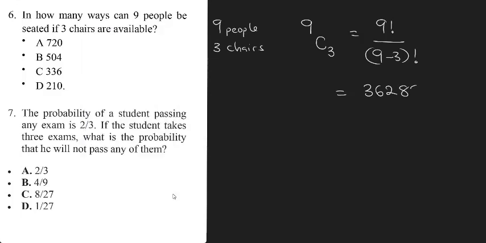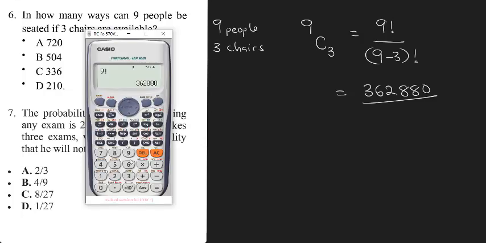So 362,880 over, right? Now 9 minus 3 is 6. So 6 factorial is 720.